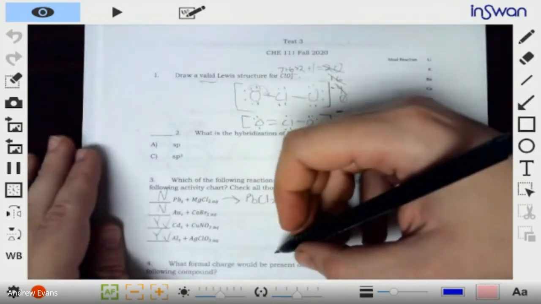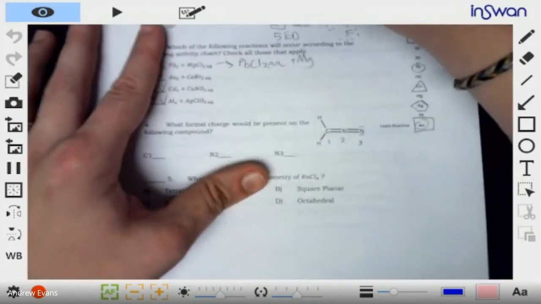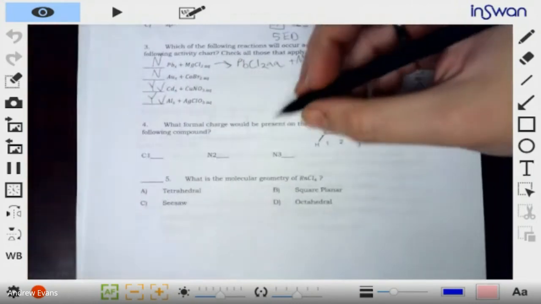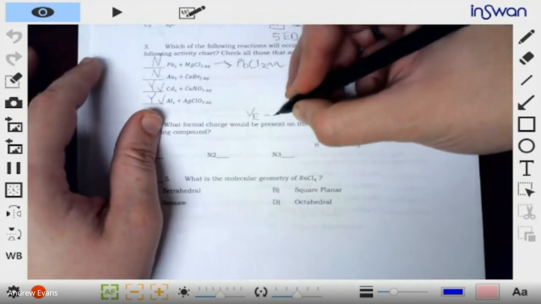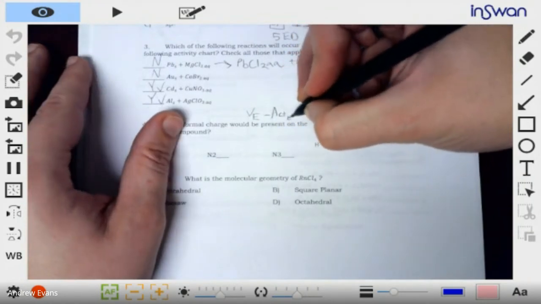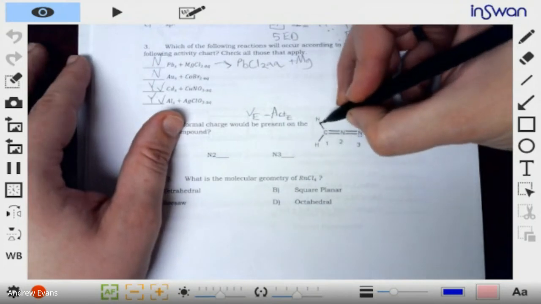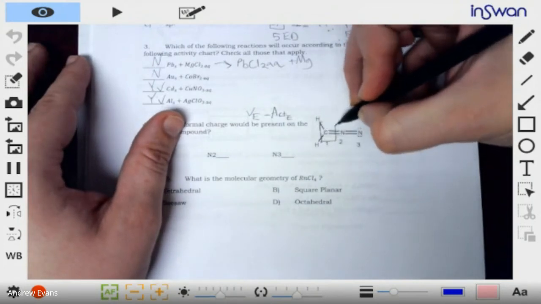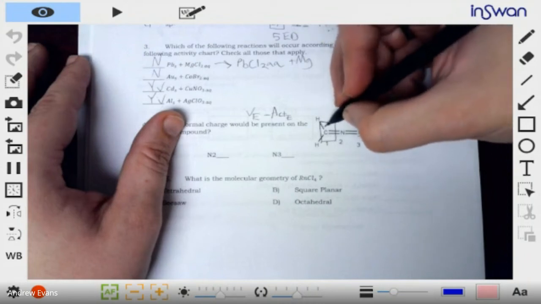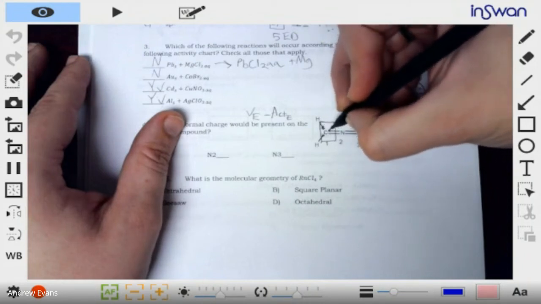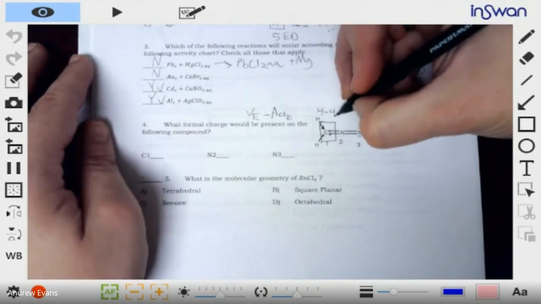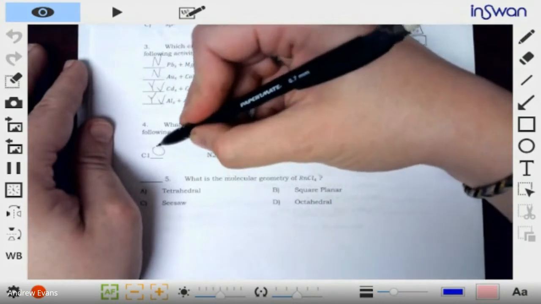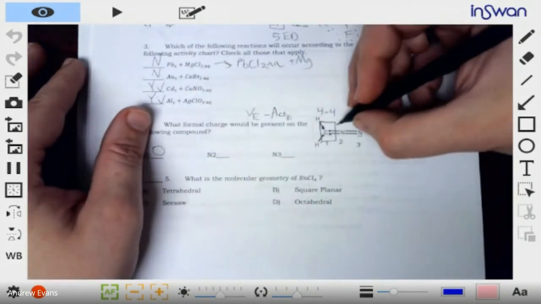Now, formal charges. How do we do formal charges? For formal charges, we look at the valence electrons and compare them to the actual electrons observed. So for actual electrons, we're going to use half of all bonds and all lone pairs. So we have 1, 2, 3, 4 actual electrons for carbon. And carbon is group 4. So 4 minus 4, what's the formal charge on carbon? 0.